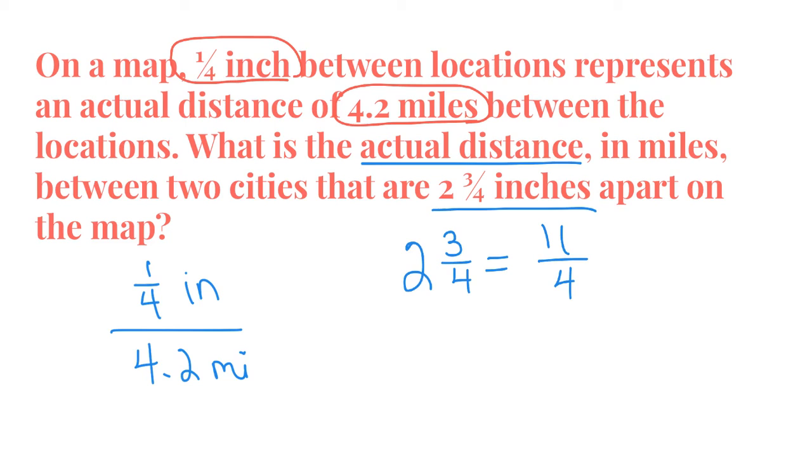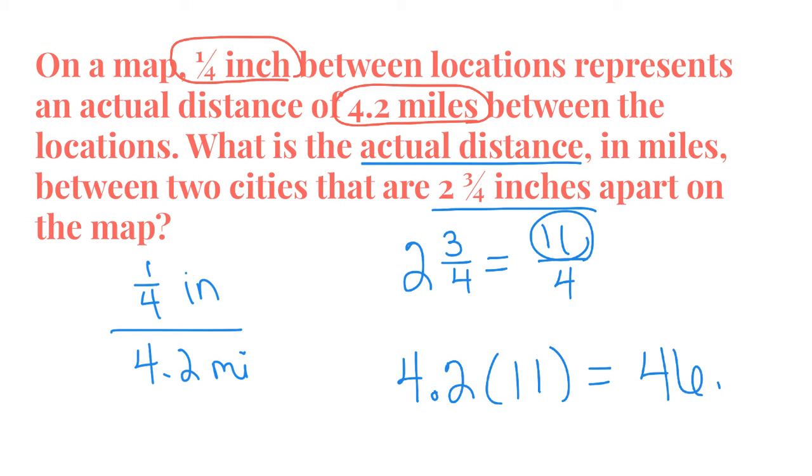Okay, 2 3/4 is equal to 11/4. So that means there are 11 quarters in there. So I multiplied it by 4.2 and got 46.2. Very good. So you took the numerator, did 4.2 times 11, and your final answer was 46.2 miles.